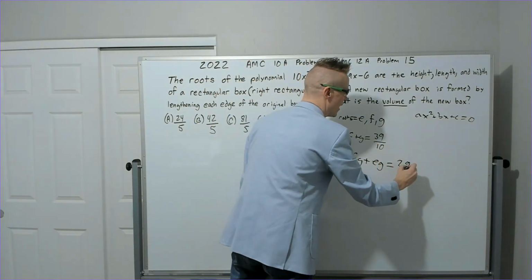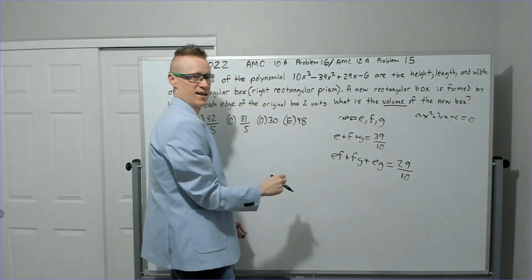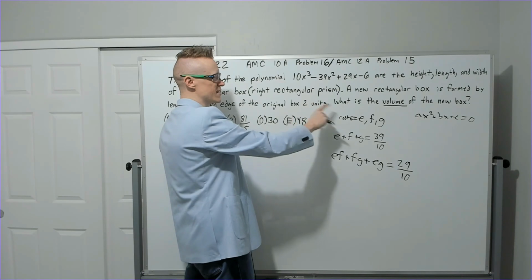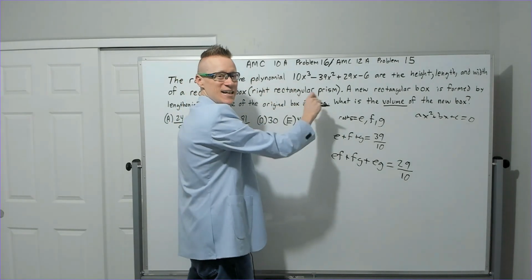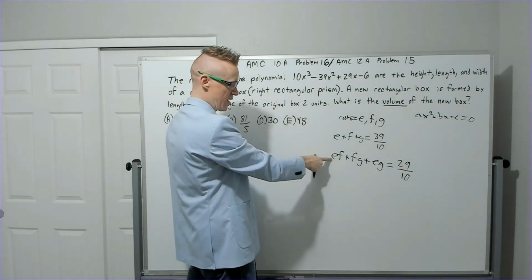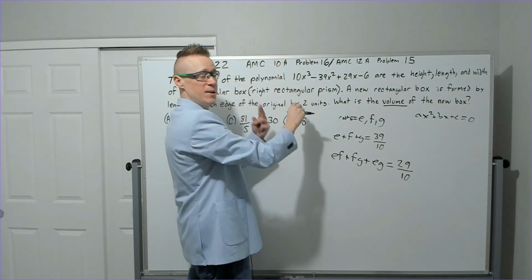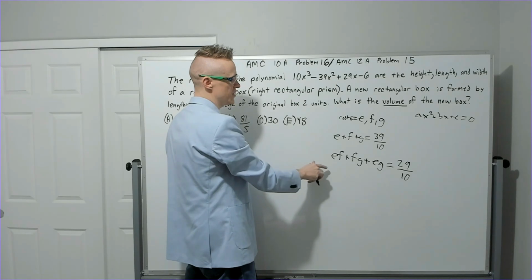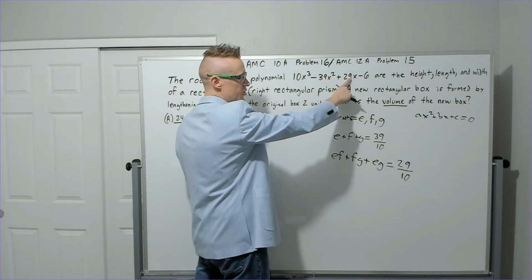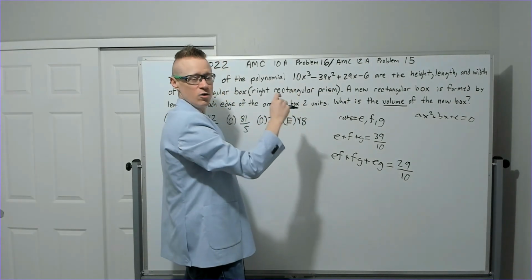And it's the positive 29 over 10. So the way it's going to work is going to alternate signs. The sum is always negative second coefficient over leading coefficient. But the next one on the list when you're doing this as you go up in polynomials is going to be now a positive third coefficient over leading coefficient.